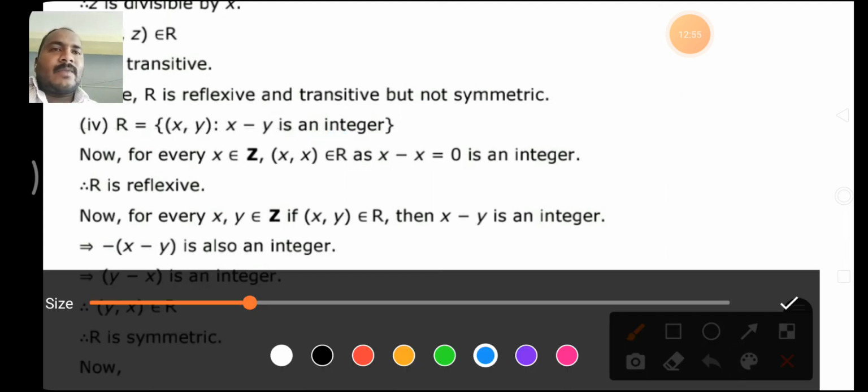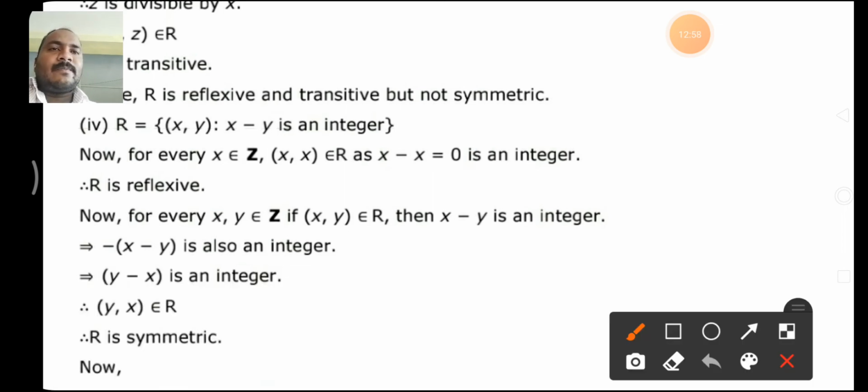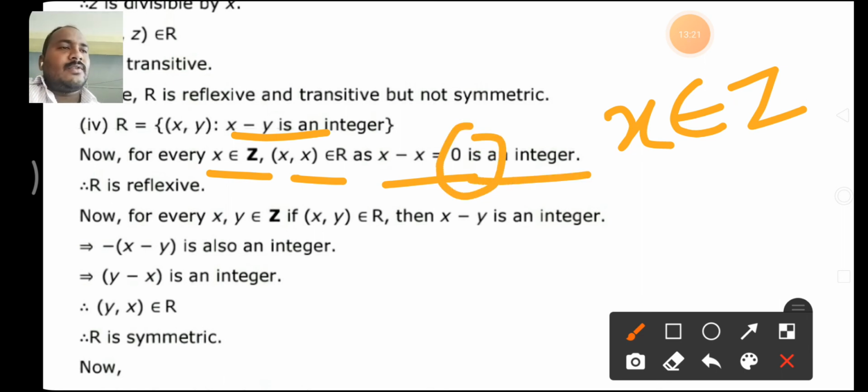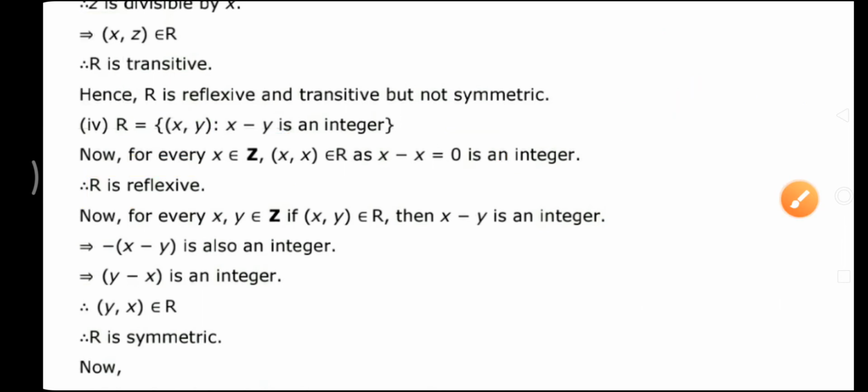For every x belongs to Z, (x,x) belongs to R. We consider x is equal to any integer. Then substitute the values of x in this condition. x minus x is equal to 0. 0 is an integer. Therefore, because of this, R is reflexive, which is true.